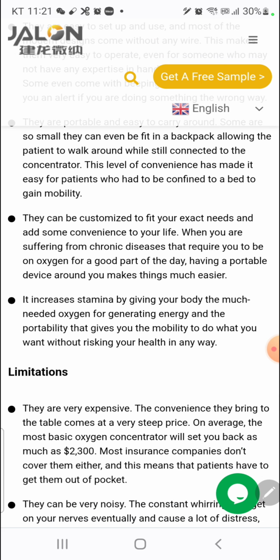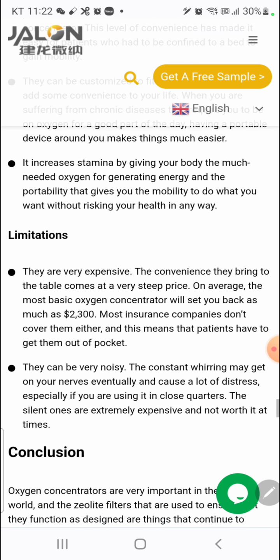When you are suffering from chronic diseases that require you to be on oxygen for a good part of the day, having a portable device around you makes things much easier. It increases stamina by giving your body the much needed oxygen for generating energy and the portability that gives you the mobility to do what you want without risking your health in any way.